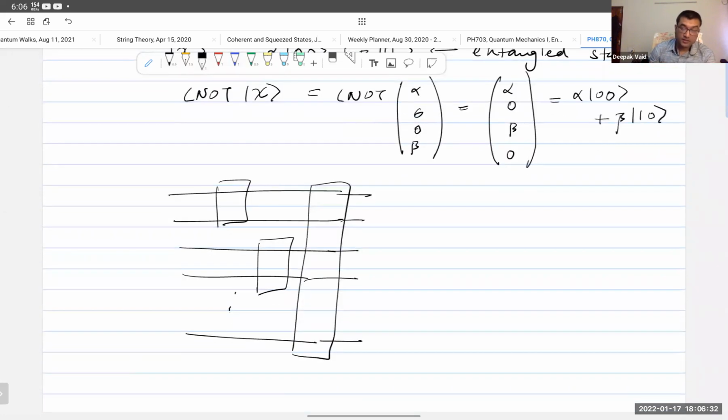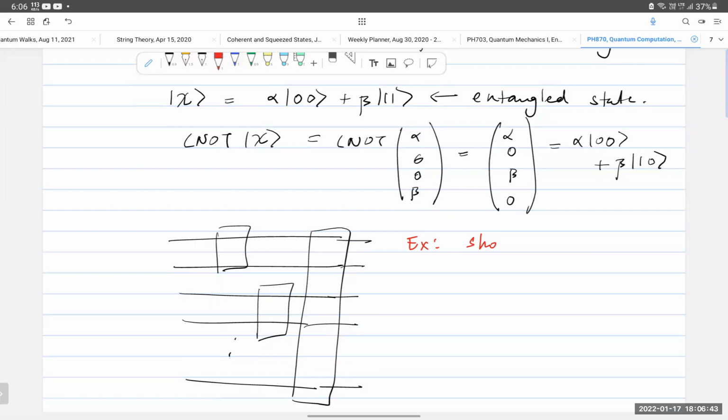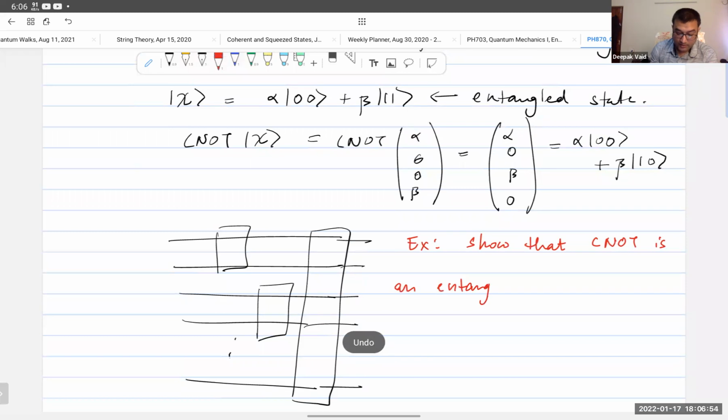Okay, so I'll stop here for today. All right, and I'll leave you with the following exercise. So what will happen if our psi is also a superposition state? Well, that's what we just worked out, right?